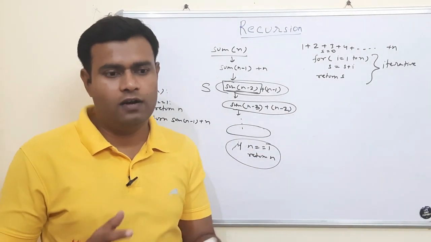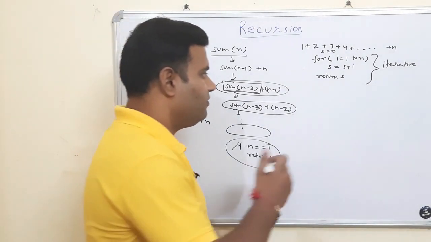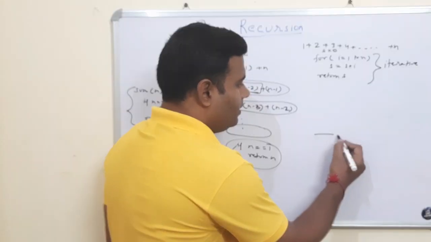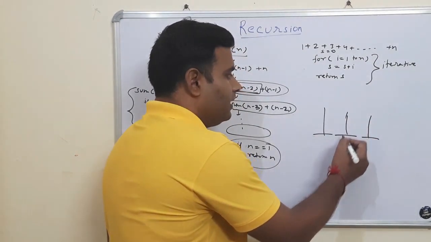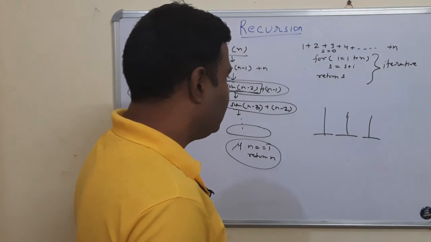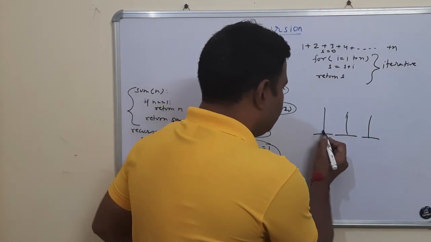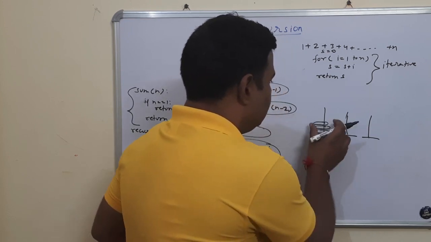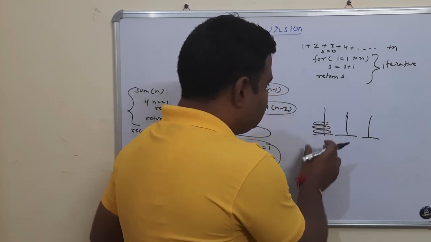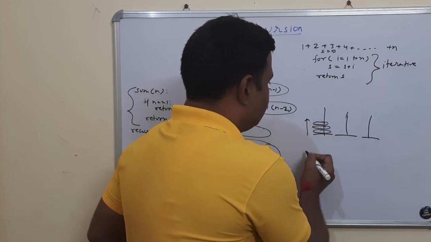So you might have heard about the problem, the Tower of Hanoi, where you have basically 3 towers, right? And one of the towers has some disks, and let's say this is a tower, and here we have a few disks, and the condition is these disks are lying in decreasing order of their radius.